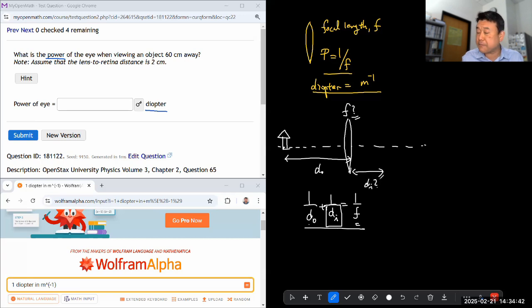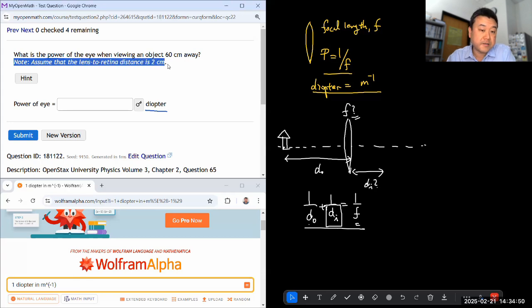Do I need to solve it separately? And this is where I think this hint is necessary, where it says, note, assume that the lens to retina distance is 2 centimeters. If you're looking at something and you are focusing on it, then the real sharp image of that thing should form on the back on the retina. That's the screen of your eye.